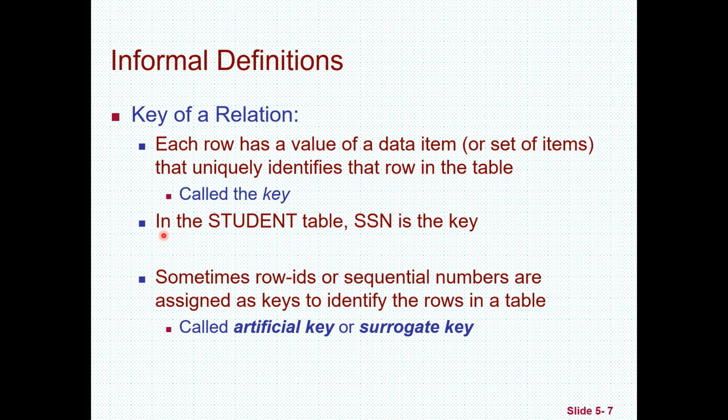Another one is the key of a relation. Each row has a value of the data item or a set of items that uniquely identifies that row in a table. እያንዳንዱ row የራሱ የሆነ አንድን row ከሌላው row ዩኒክሊ አይደንቲፋይ የሚያደርግ አንድ ኮለመን ይኖረናል ማለት ነው። We call that one a key. key እንላለን ማለት። So in the student table we can take social security number.